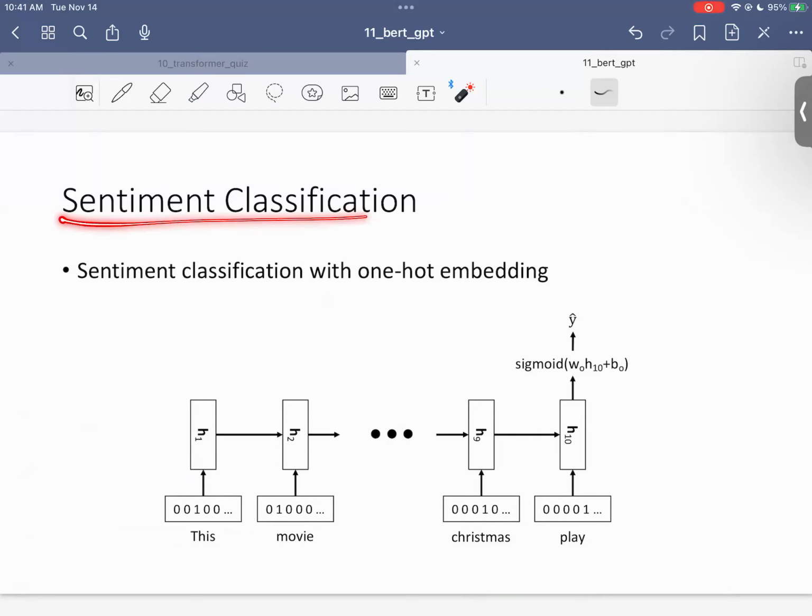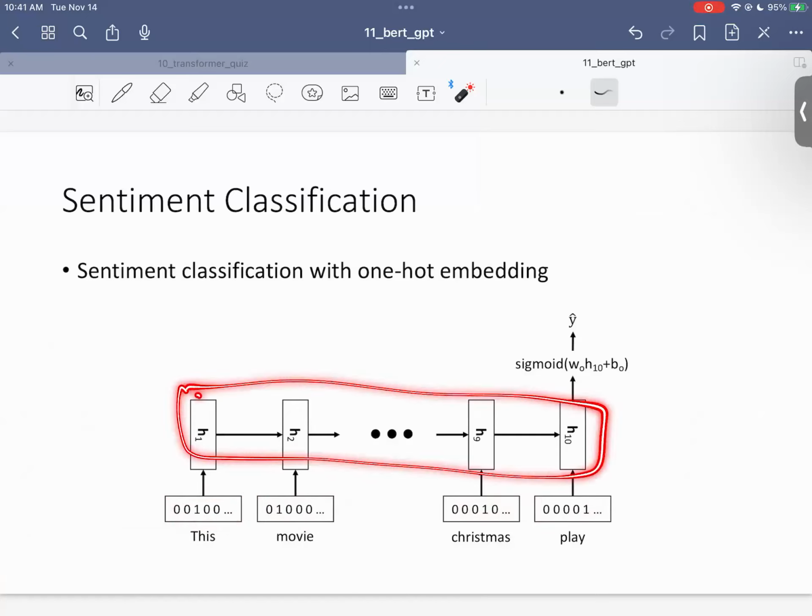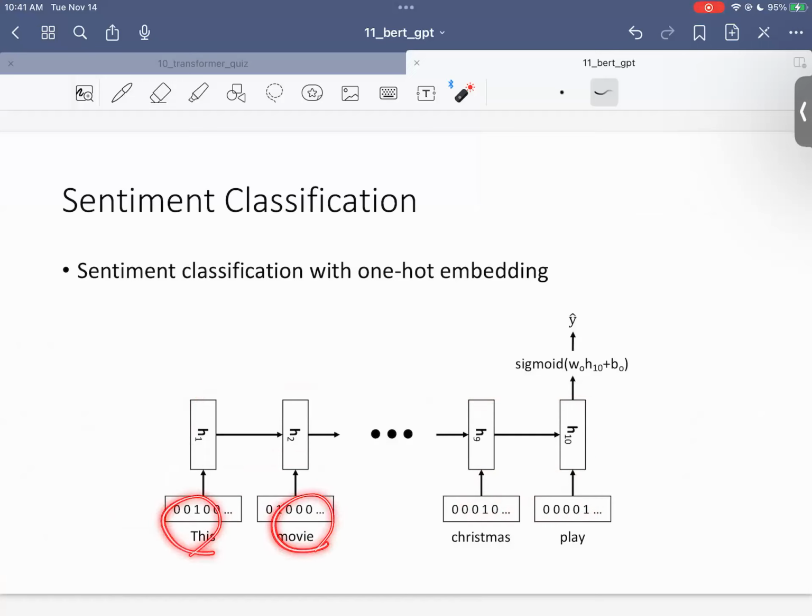So for example, let's say that we're doing sentiment classification. You remember the example: this movie is as impressive as a preschool Christmas play, right? If you're doing sentiment classification with just one-hot embedding, this is how it would look. You have an RNN, and you put each word in as a one-hot representation.